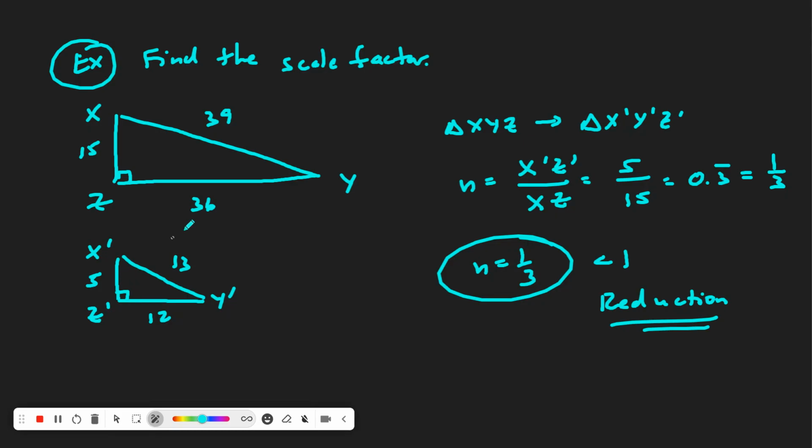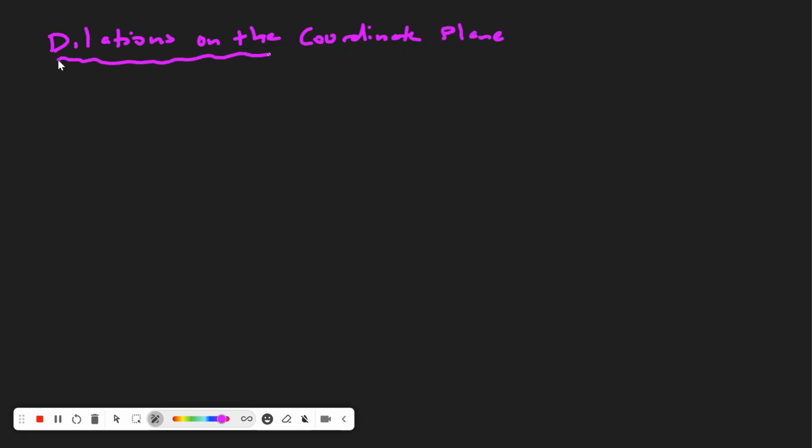Okay? All right, last thing I need to show you guys is dilations in the coordinate plane. All right, so let's do dilations on the coordinate plane. Perfect.